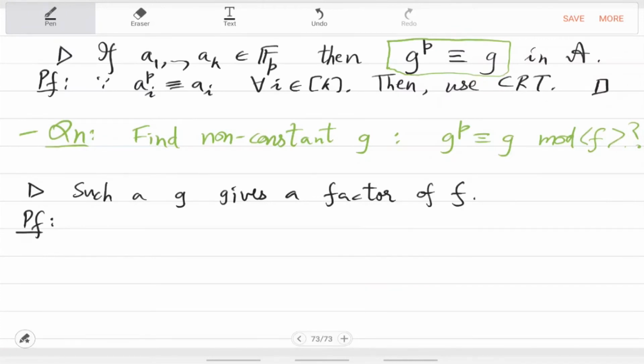So what you have is g raised to p minus g is 0 mod f. Can you factorize g raised to p minus g? What is the factorization expression? I claim that this is a factorization.